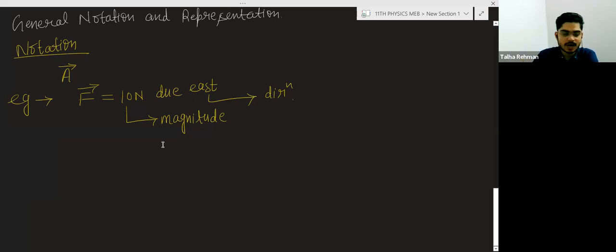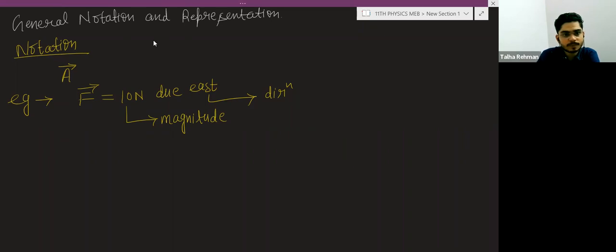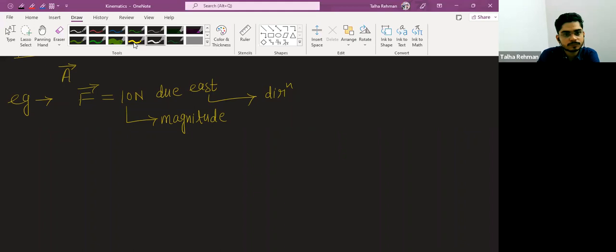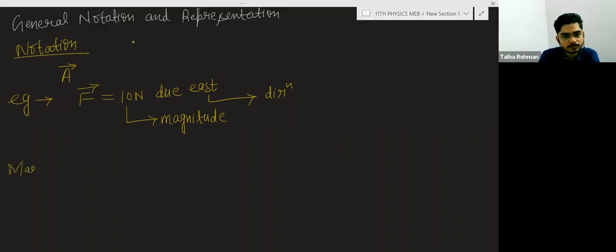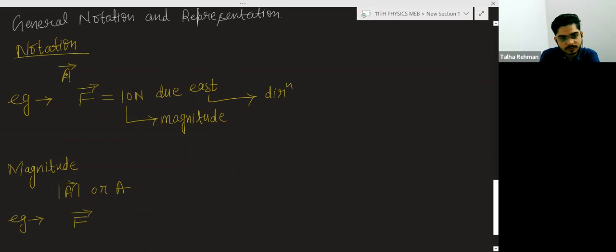Now magnitude. How we represent the magnitude? If you want to denote the magnitude of this A vector, you will simply write mod of A, or simply you can write A. For example, you can write force like this, equal to 10 Newton, or you can write simply F is equal to 10 Newton.